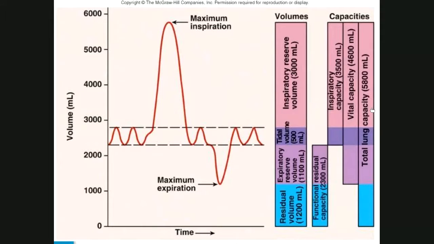But the amount of air inspired after tidal inspiration is only the inspiratory reserve volume. The amount of air that is maximally exhaled after maximum inspiration, what is that? That is the vital capacity, because you will exhale this part, and this part, and all of them together represent the vital capacity. So you need to understand each one of these in order to choose the right option for the right question in the multiple choice.